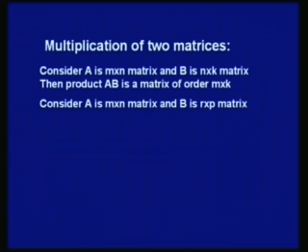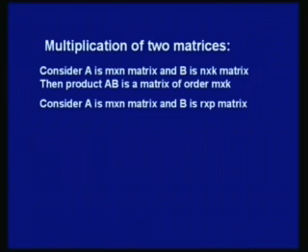Next is multiplication of two matrices. Consider a matrix A as an m by n matrix and the matrix B as an n by k matrix. Then the product of the two matrices A and B, denoted by AB, is a matrix of order m by k: m the rows of the first matrix, k the columns of the second matrix.